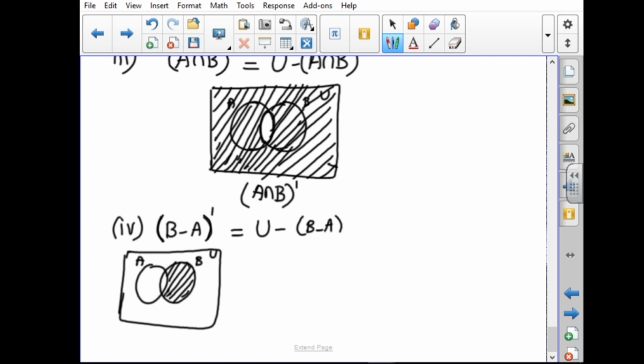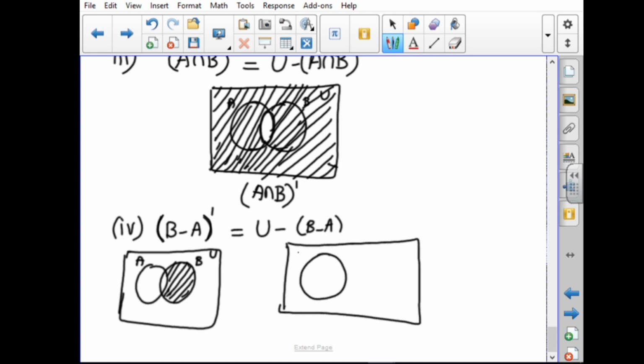So that is equal to the universal set minus B difference A. Except this B difference A you have to shade.